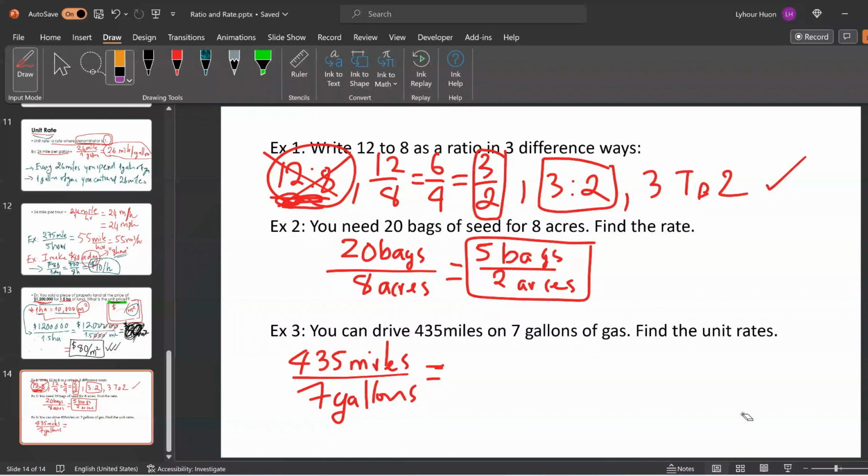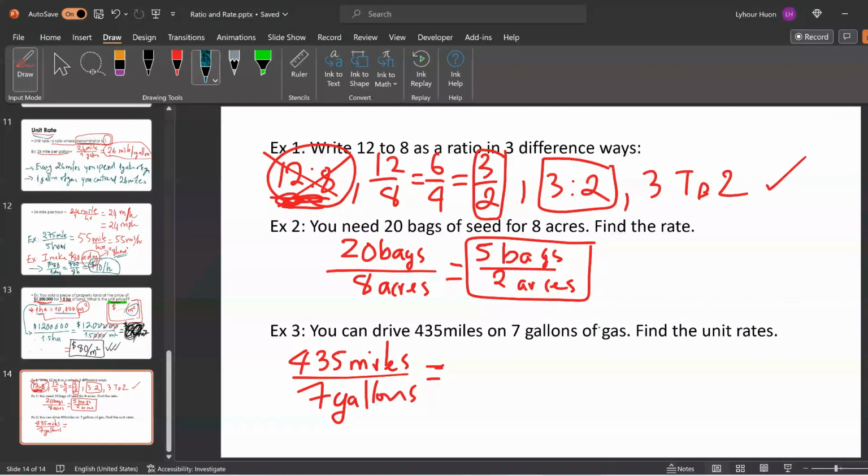What are we doing? The remainder is 1. What do I put? 0.0.